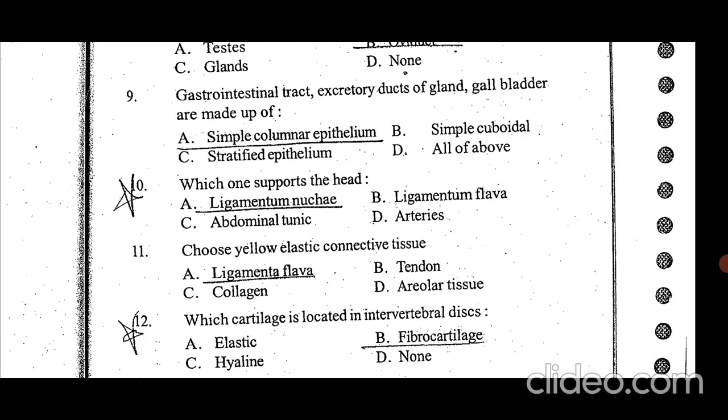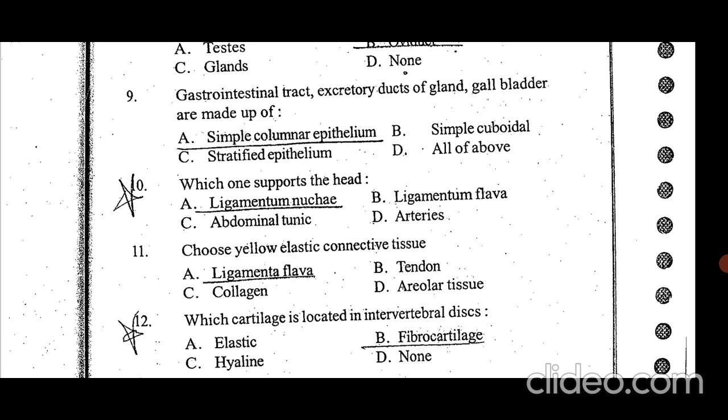Squamous epithelium lines the circulatory system, such as capillaries and vessels, whereas columnar epithelium lines the digestive and excretory system.